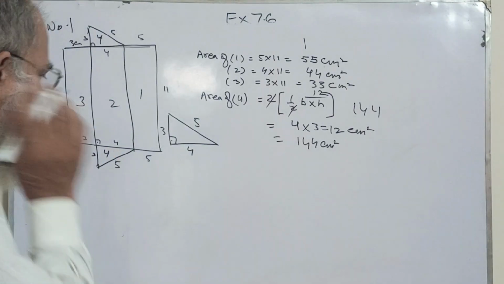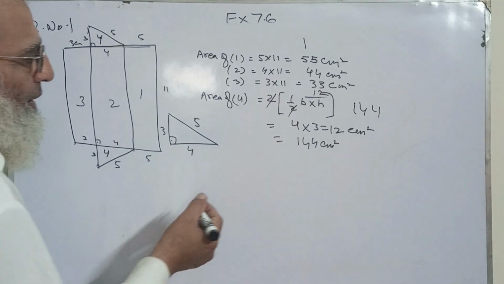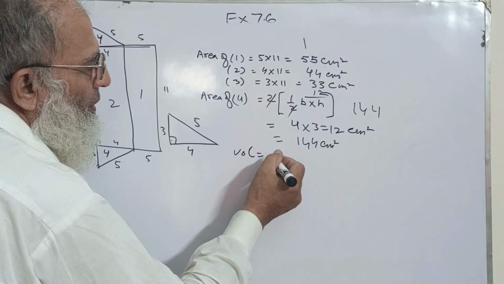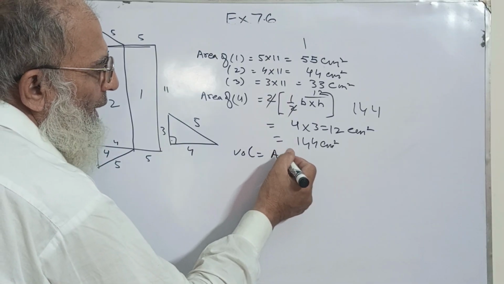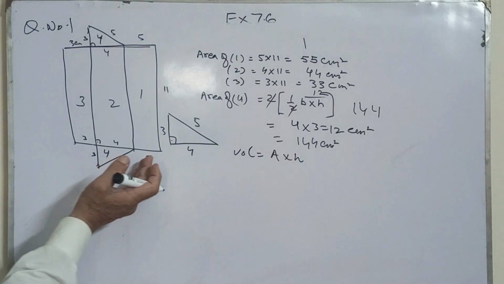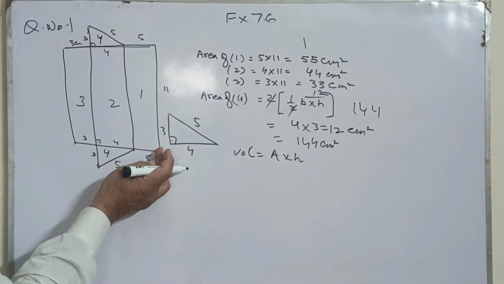Now about the volume. What is the volume? I told you that volume is equal to area into height. Area of what? Area of the base. If I join this, you see, this is 5 and this is 5.